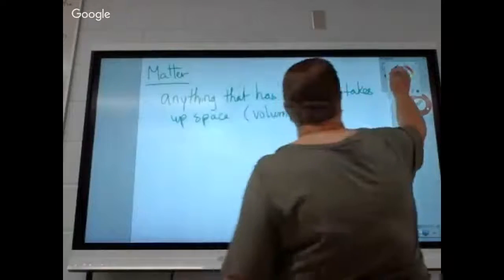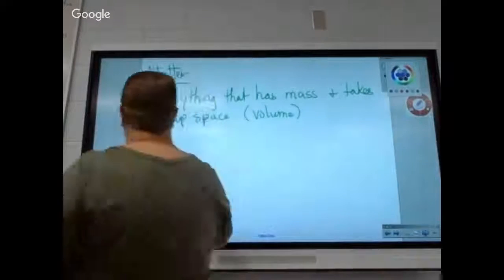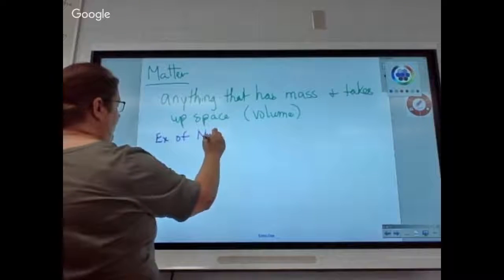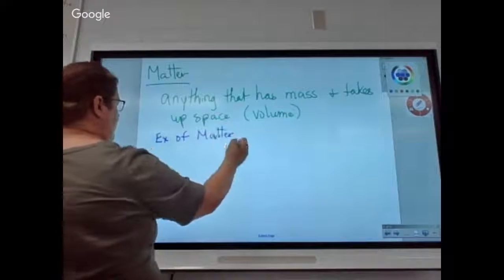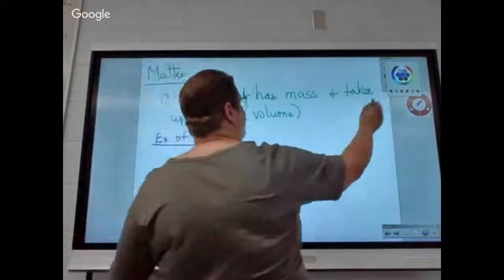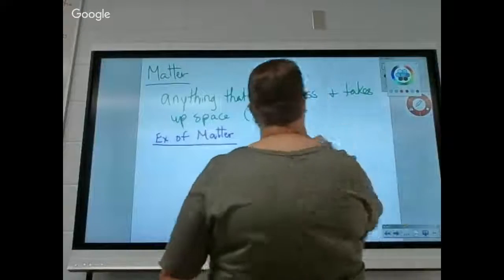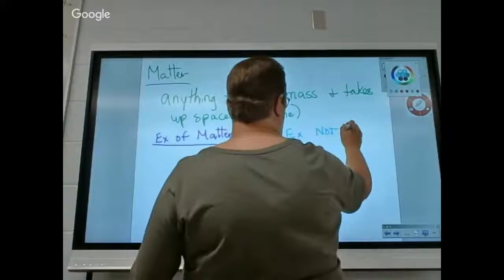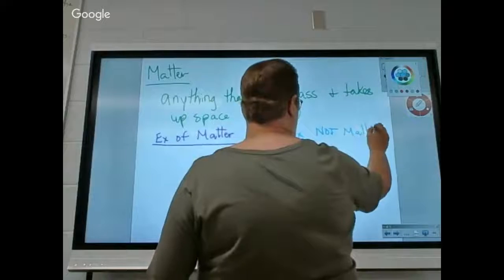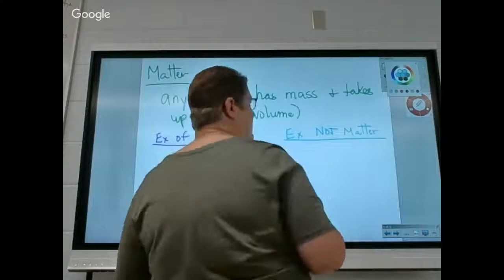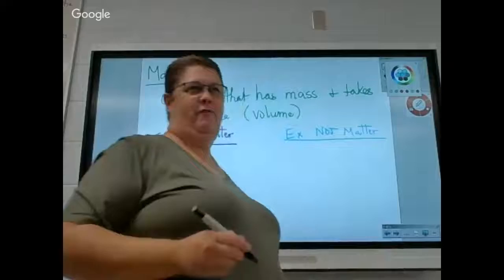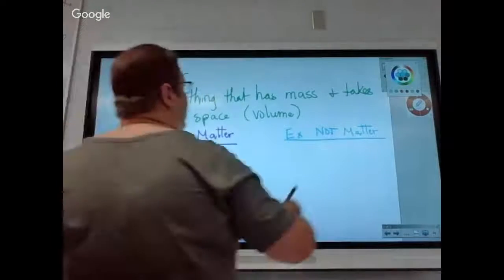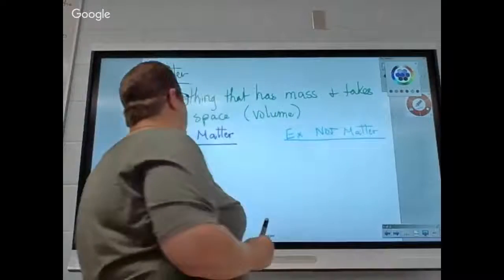Now, if we were to make up a list, examples of matter and examples not matter. We should be able to do that pretty easily after being in science class for multiple years. So, if I was to say, give me some examples of things that are matter.